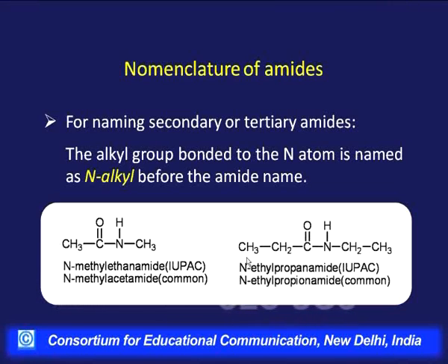It is a 3 carbon acid, IUPAC name propanoic acid, amide propanamide, and now this amide has got one ethyl group in place of hydrogen, which is attached to this nitrogen. So, it is named as N-ethyl propanamide. This is IUPAC name, and common name will be propionic acid, then corresponding amide is propionamide. So, in common system it will be named as N-ethyl propionamide.